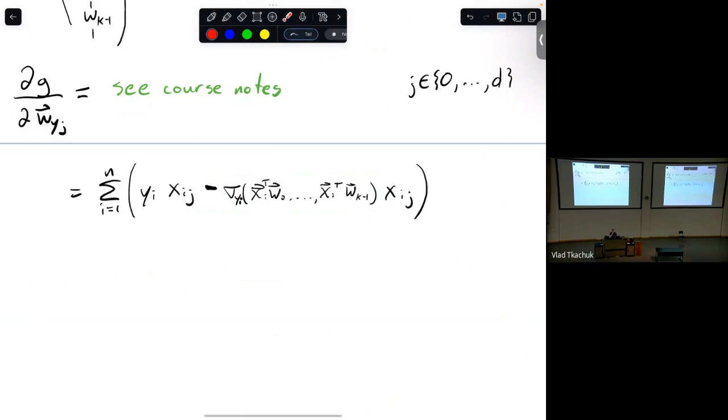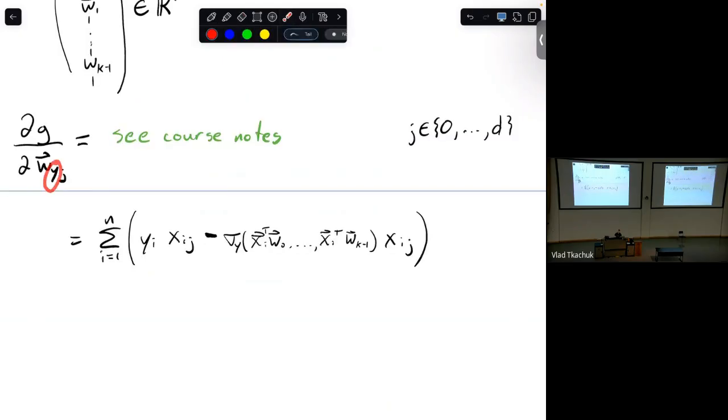They're going to turn out to have a very similar form, except now there's just one caveat here, which is that this is going to be for index y, which is matching this thing.